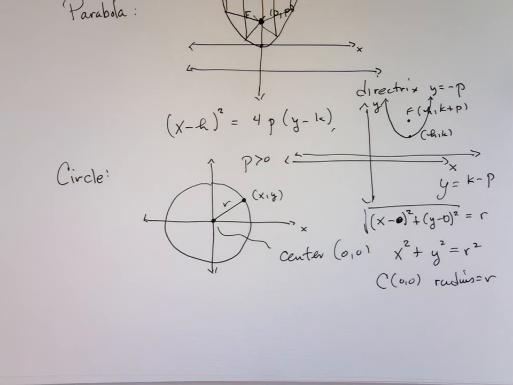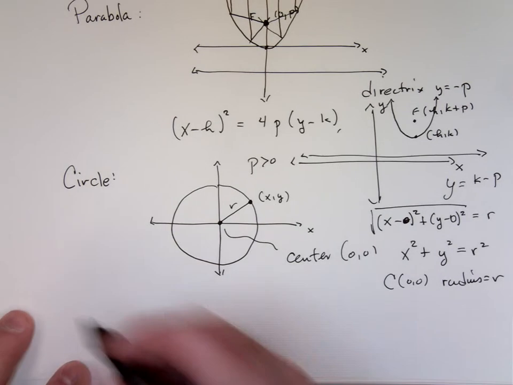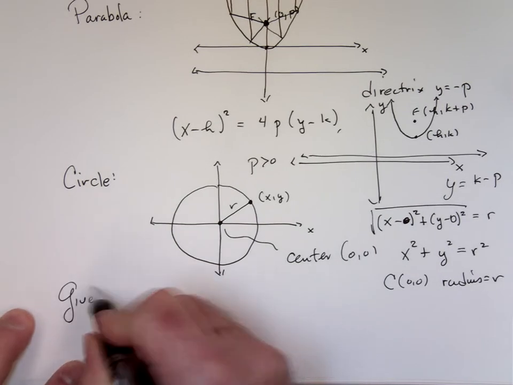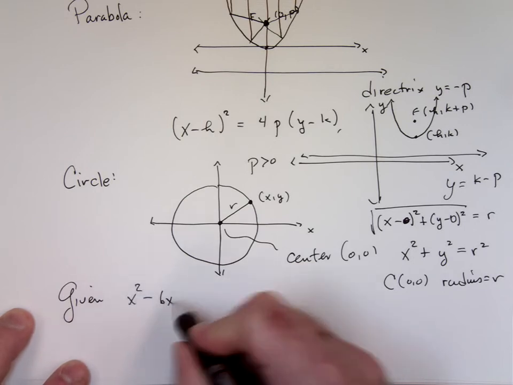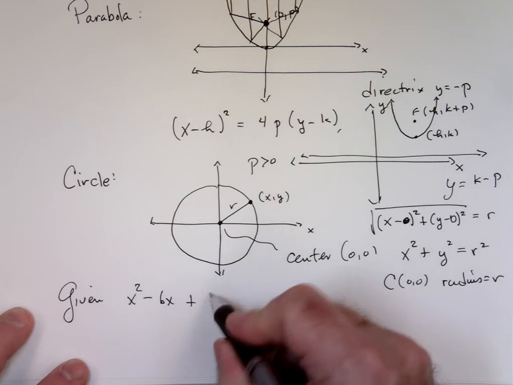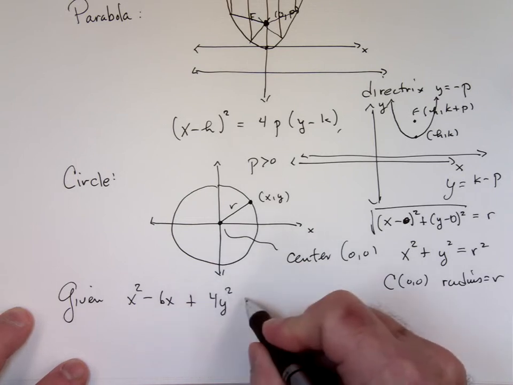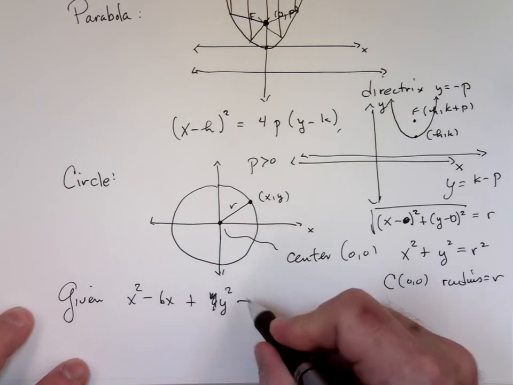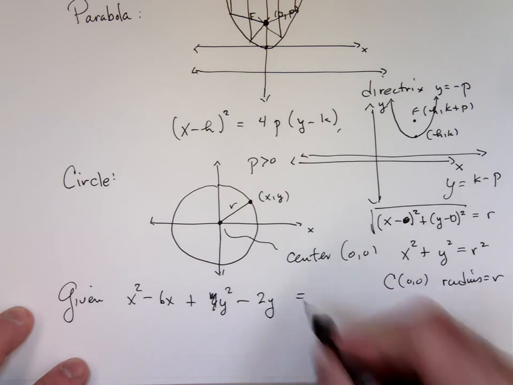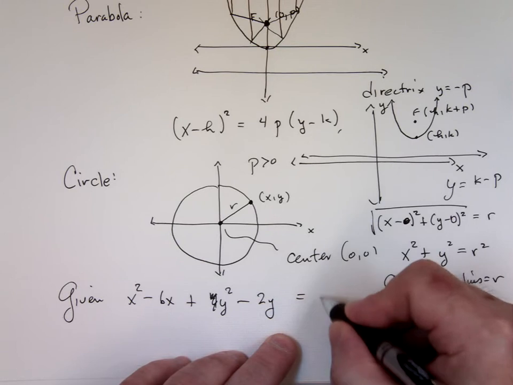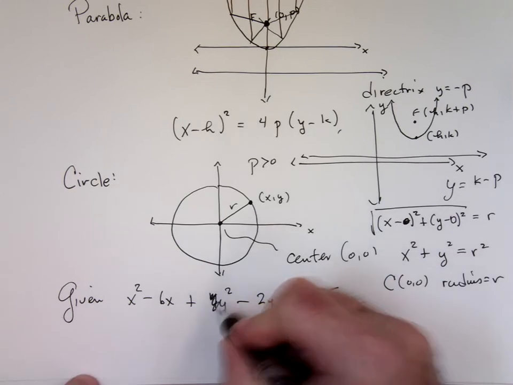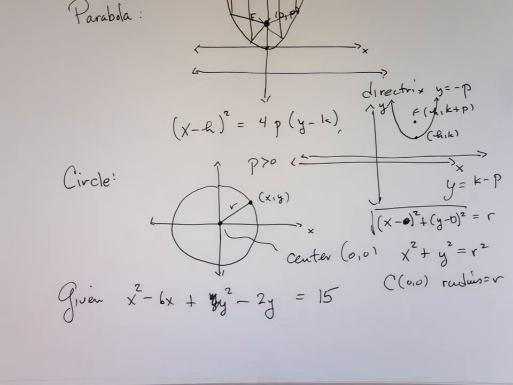So here's what's going to happen. You're going to be given something like this. First of all, you're going to be asked to recognize the conic section.